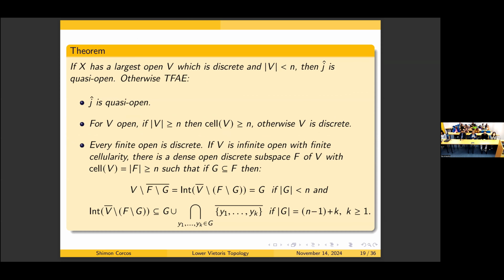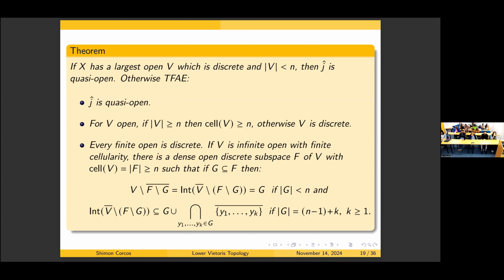And here I describe when J hat is quasi-open exactly. There is a trivial case that we need to sort out, and that is if X has a largest open set which is discrete and has fewer than n elements, then J hat is quasi-open. So that's not very important.